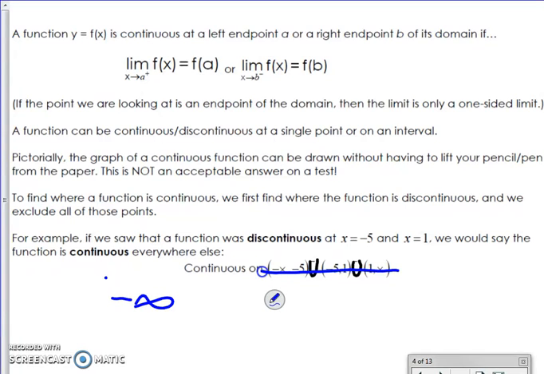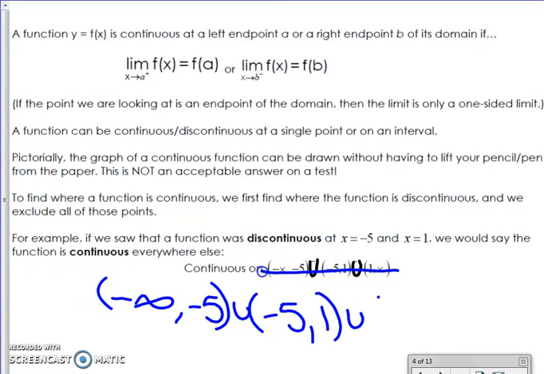If it's continuous everywhere else, that means from -infinity to -5, parentheses, union, then -5 to 1, union, 1 to infinity. That's how that should be written there, but the math type came out a little bit goofy, so go ahead and correct that on your paper. This is basically saying that this function would be continuous everywhere except for -5 and 1.